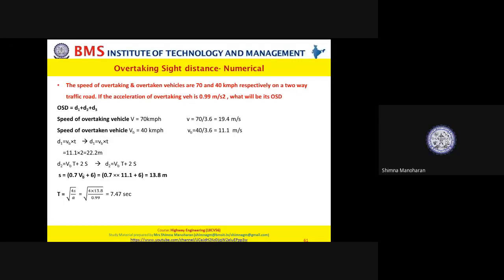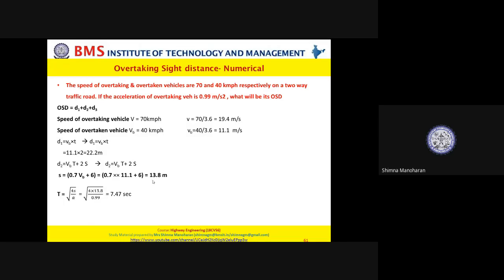Good. Okay, so now we have to compute capital T. Capital T is nothing but root of 4S by a. So how will you get this a value? What is given here? Acceleration of the overtaking vehicle. T is the time taken for overtaking, right? So the acceleration of the overtaking vehicle is small a here.